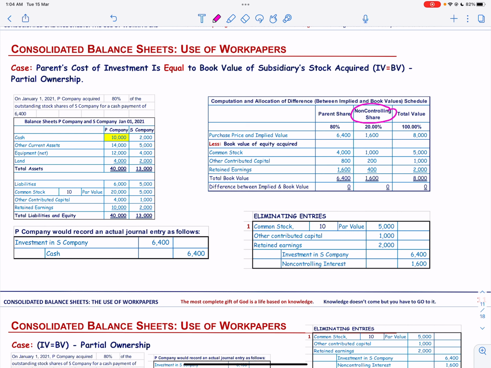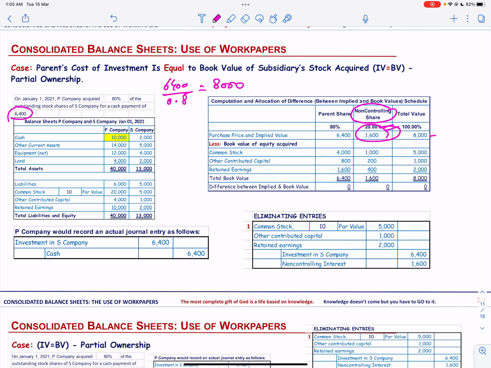In this situation, the purchase price of 6,400 for 80% is equal to 8,000 if we take the 100%, that is 6,400 divided by 0.8, which gives you 8,000. The non-controlling interest is thus 20% of 8,000, and that is 1,600.